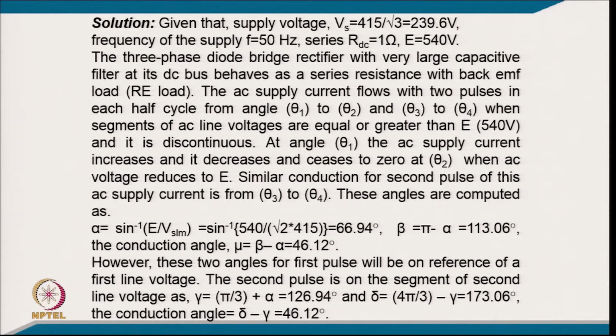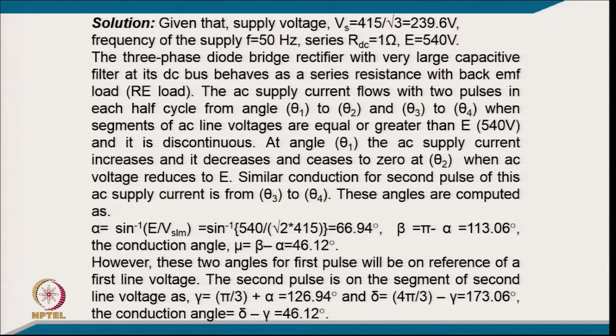So, at angle theta 1 the AC supply current increases, and it decreases to 0 at theta 2 when the AC voltage reduces to E. Similarly, the conduction period for the second pulse of this supply will be from theta 3 to theta 4, and these angles are computed as follows. From this waveform, alpha equals sin inverse of E upon VSM.